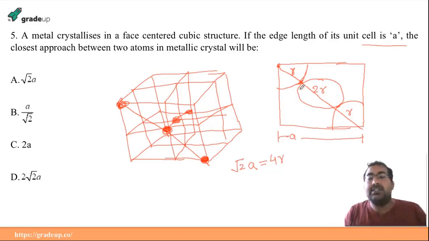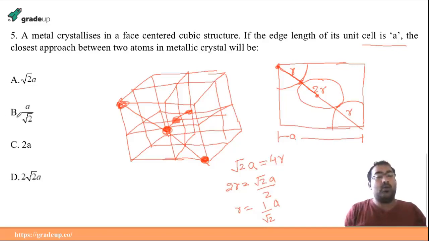What is the closest approach between two atoms? This plus this, the center to center distance. This is the closest approach. So this is basically 2r. So 2r is equivalent to root 2 times a by 2, which gives r equals 1 by root 2 a, so a by root 2, which is B option.